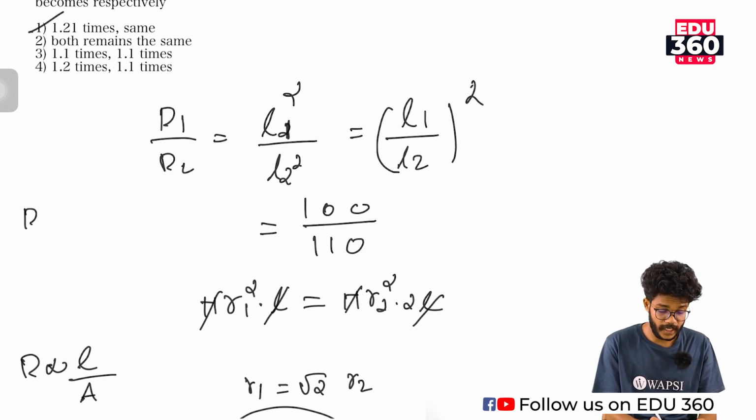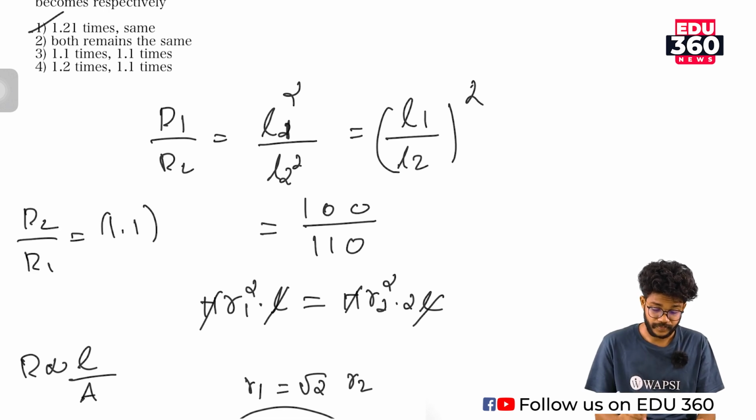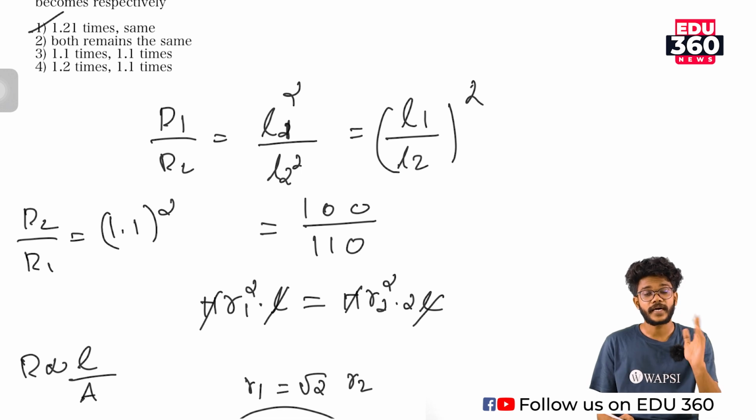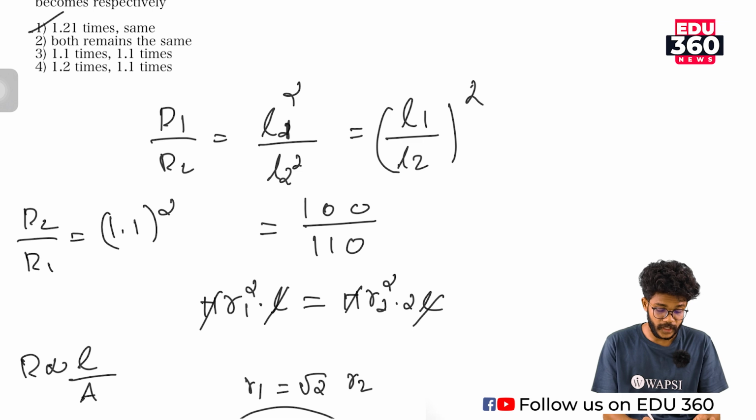Therefore R2 by R1, because I just reversed, R1 by R2 is L1 by L2 whole square, so R2 by R1 is L2 by L1 whole square, and L2 is 110, L1 is 100, 110 divided by 100 is 1.1, 1.1 whole square is equal to 1.21.